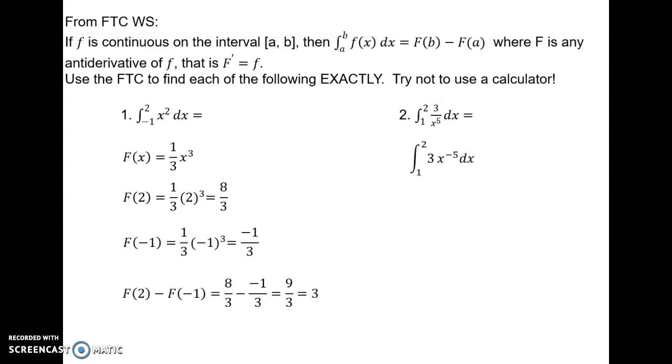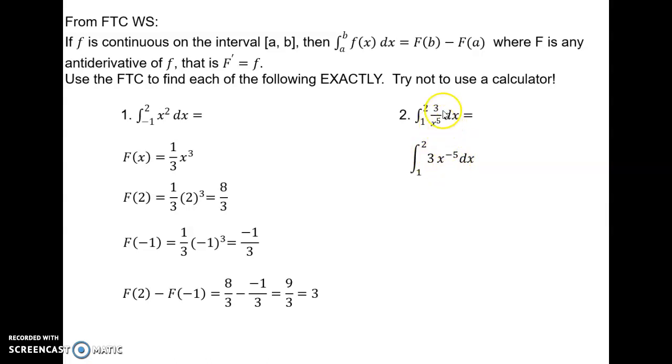All right, let's try another one. Let's look at the definite integral from 1 to 2 of 3 over x to the 5th dx. Remember, when we took antiderivatives with something in the denominator like this, if it wasn't x to the first power, we rewrote the function so that we had a negative exponent, so we could easily do the antiderivative.